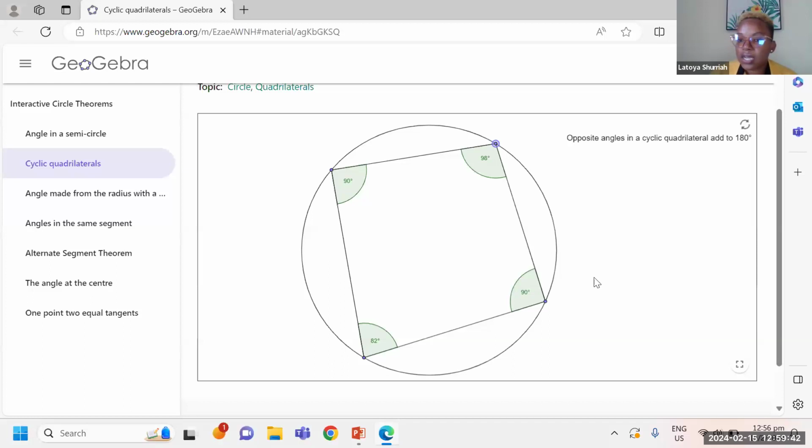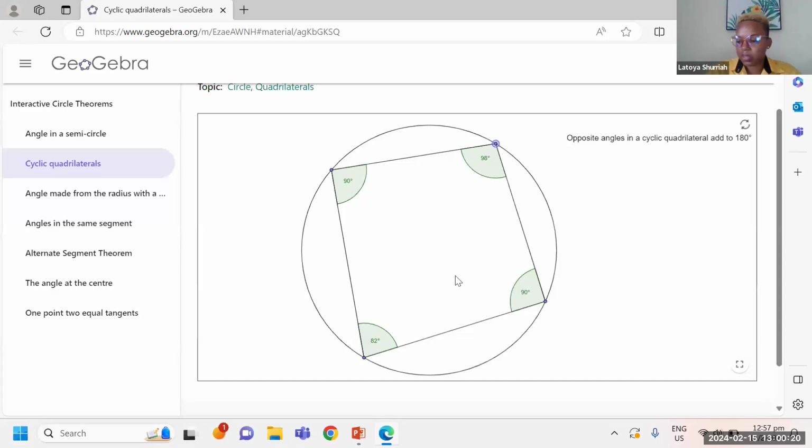By the way, this is called a cyclic quadrilateral, which is just a quadrilateral within a circle. And Mercedes is saying that the opposite angles, opposite meaning across from each other, the angles that are facing each other, sum to 180.